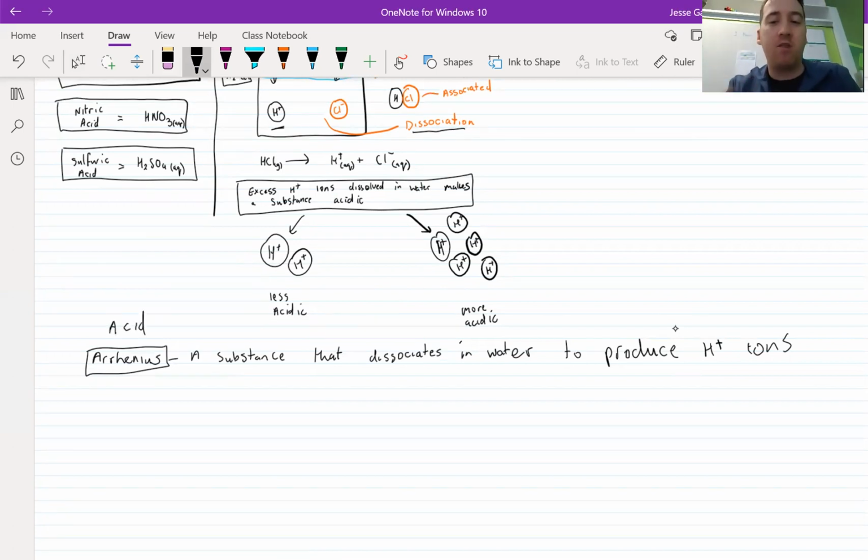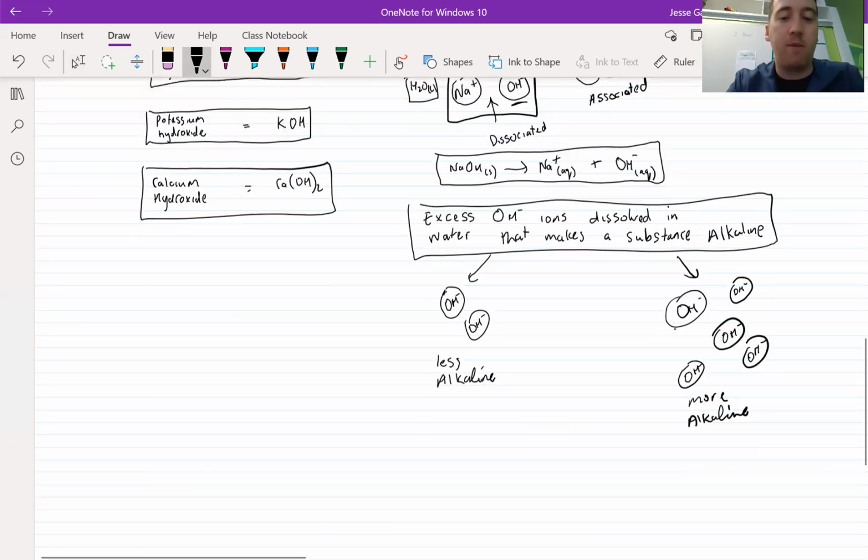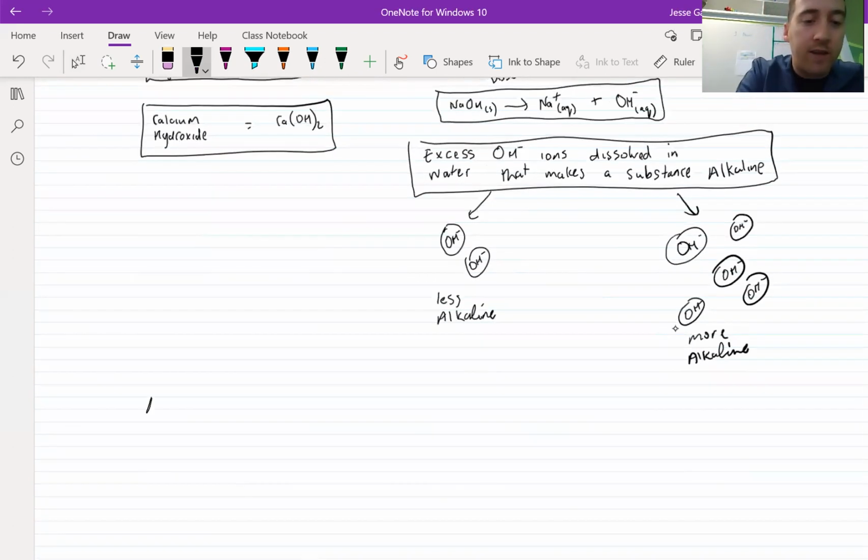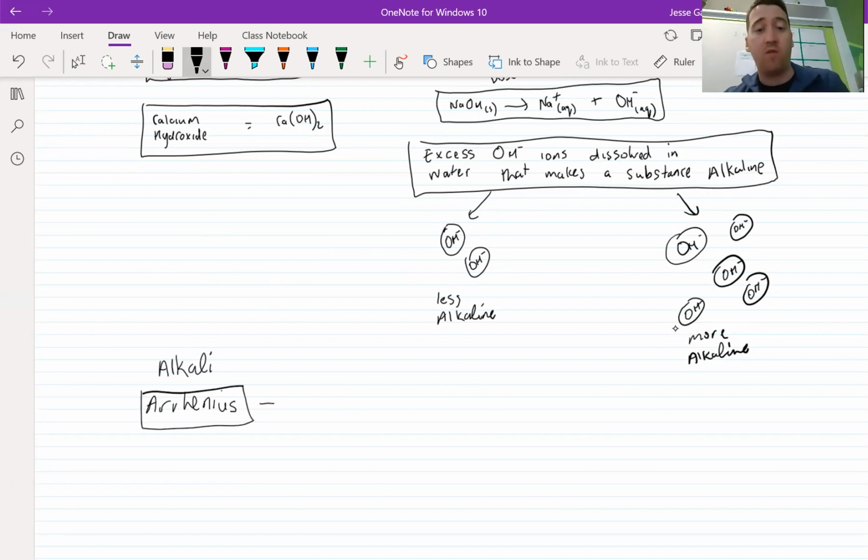He made the same type of definition about bases. So again, we've got this guy, Arrhenius. And Arrhenius' definition of an alkali was this. Can you guess what it is before I say it? Speak your answer to the screen, what you think it's going to be.